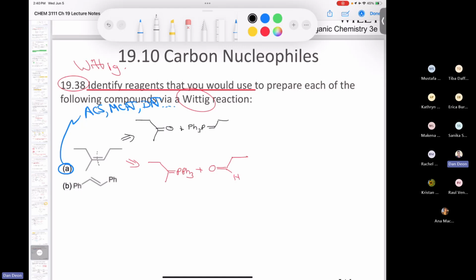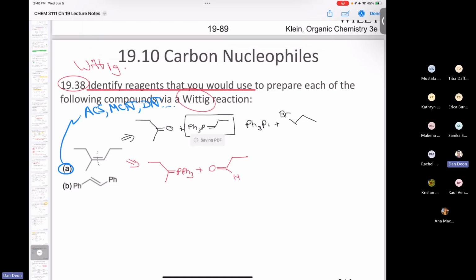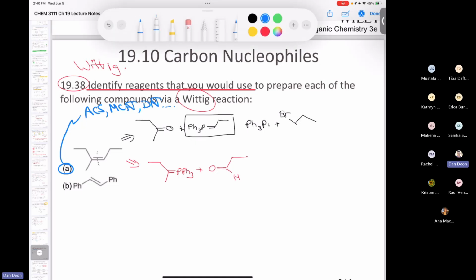Because the one in black, if you think about how you synthesize this Wittig reagent, it's going to come from triphenylphosphine plus a primary alkyl halide, right? That's the SN2 reaction, that famous SN2 that I said you have to look out for. Okay, so you're going to get an SN2, but again, this is a primary alkyl halide.